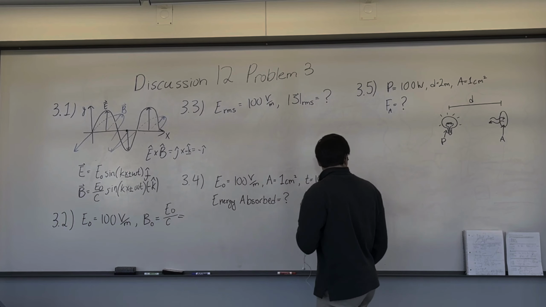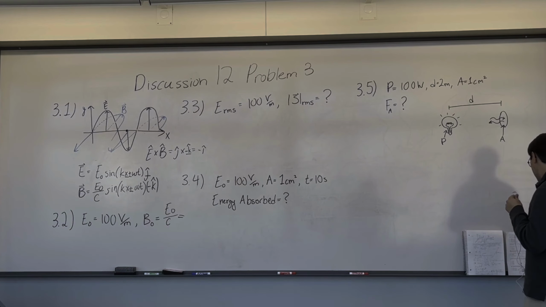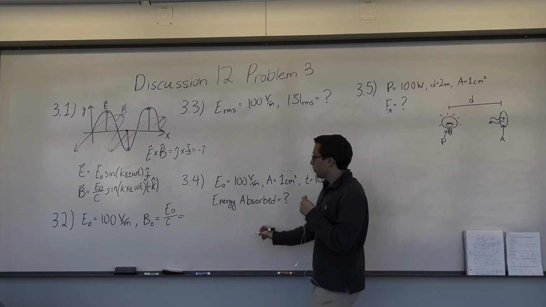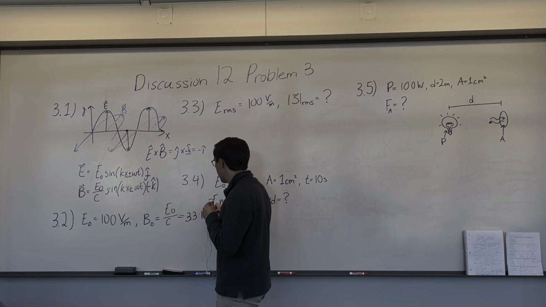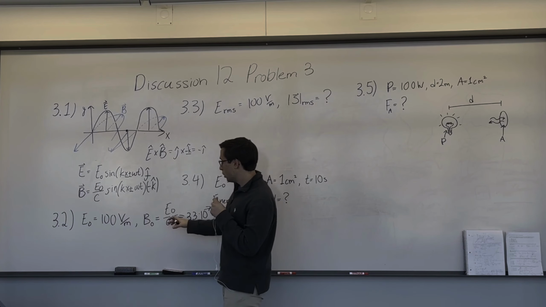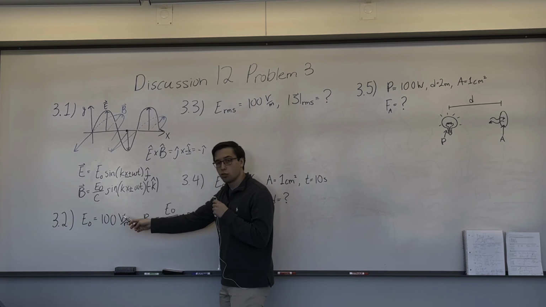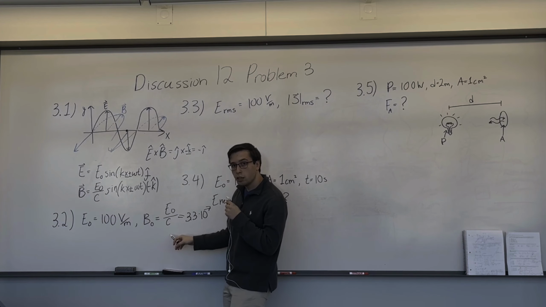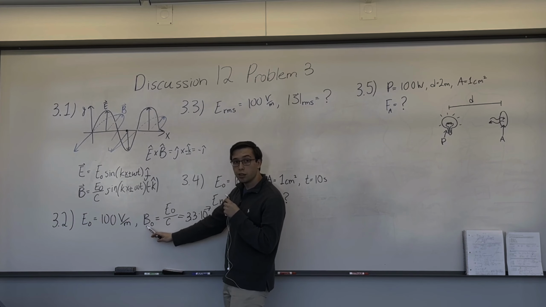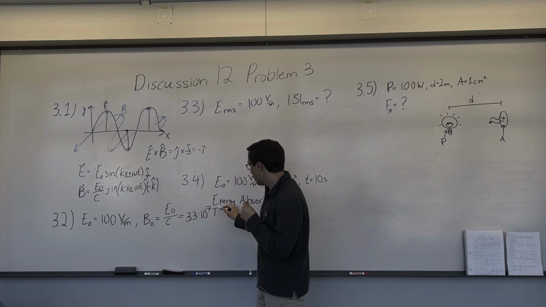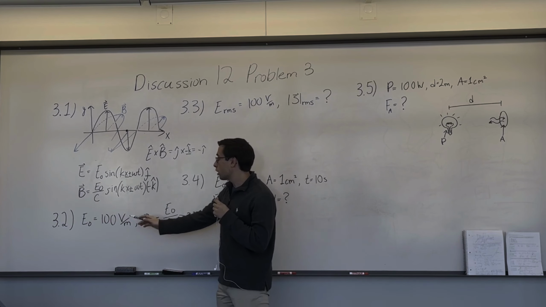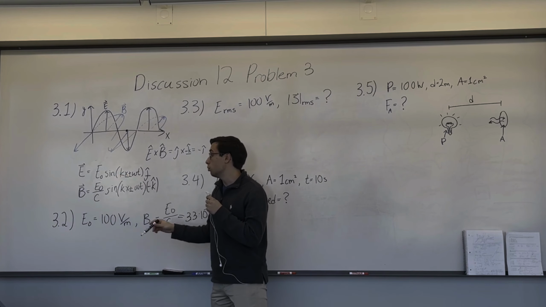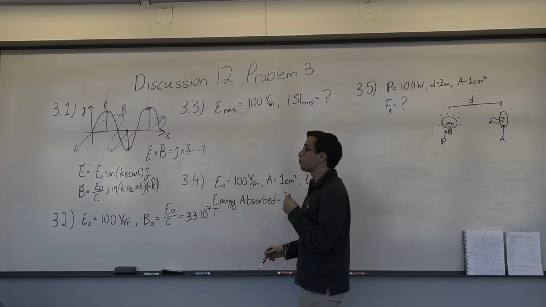And that's going to give us 3.3 times 10 to the minus 7, and units, we could either figure out volts over meters per second, or we could just say it's magnetic field. These are all SI units, so this has to be Tesla. That's our SI unit of magnetic field. So that's just a quick check of converting from electric to magnetic field amplitudes.